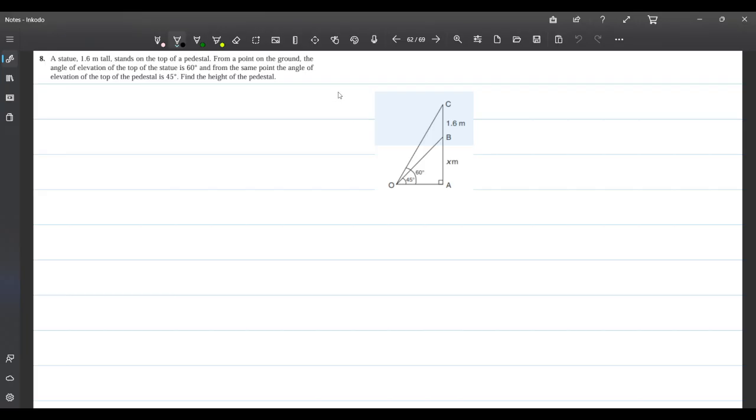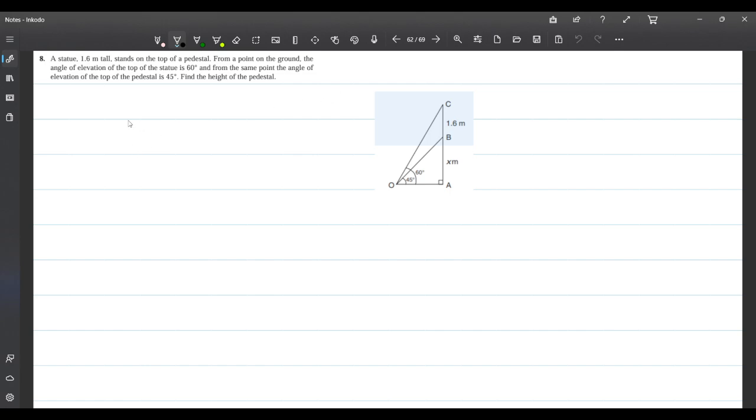A statue 1.6 meter tall stands on the top of a pedestal. From a point on the ground, the angle of elevation of the top of the statue is 60 degree, and from the same point the angle of elevation of the top of pedestal is 45 degree. So we have to find the height of a pedestal.